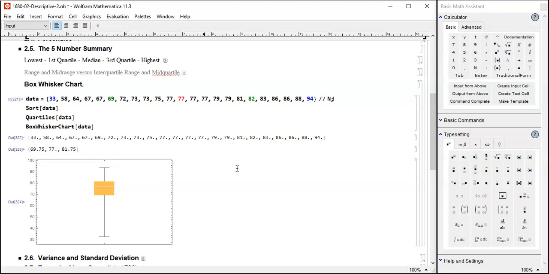Now, a box whisker chart is given by the 5-number summary. So in my opinion, that's the bare bone minimum of the data associated with the distribution of data. I mean, 5 is the bare bone minimum.